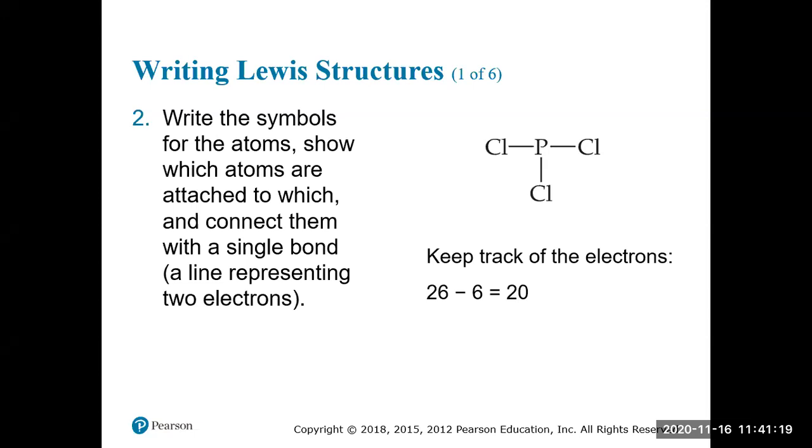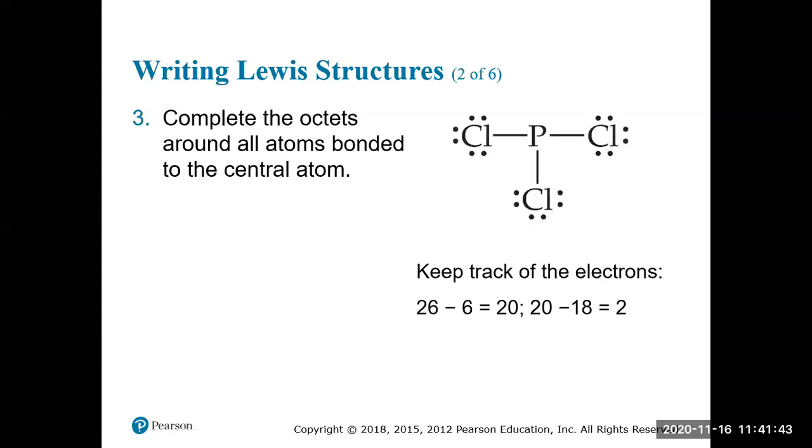As I said, those bonding lines each represent 2 electrons. So if we add that up, we have 3 of those, so 2 times 3 would be 6. From our total of 26 electrons, let's subtract 6 electrons after doing the bonding, and let's allocate those 20 electrons that we have left.